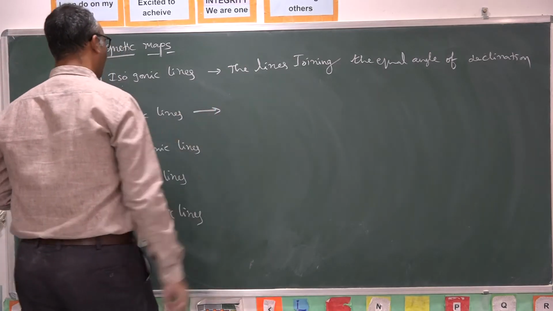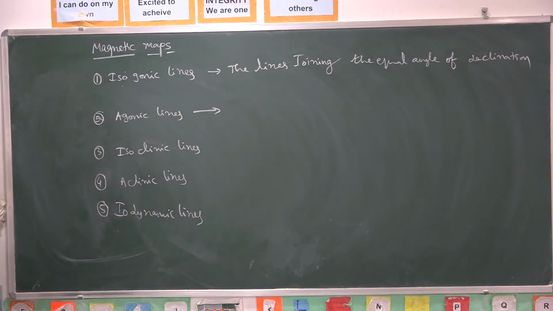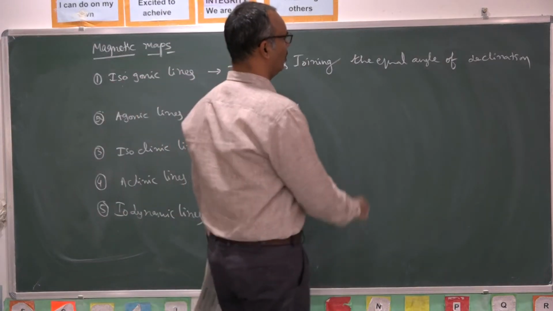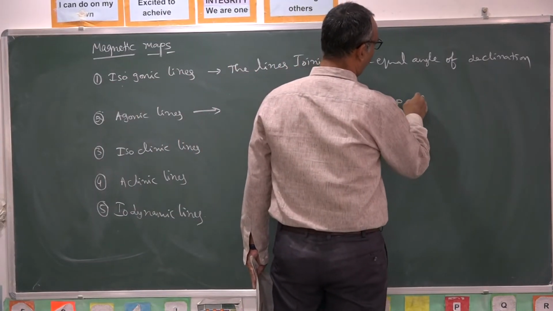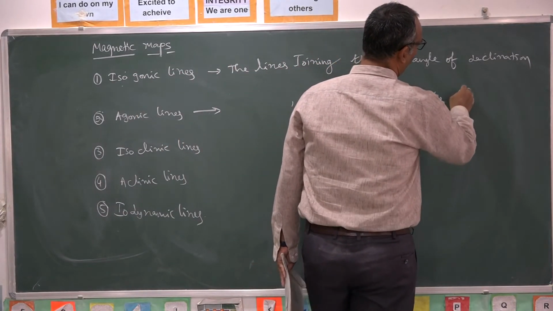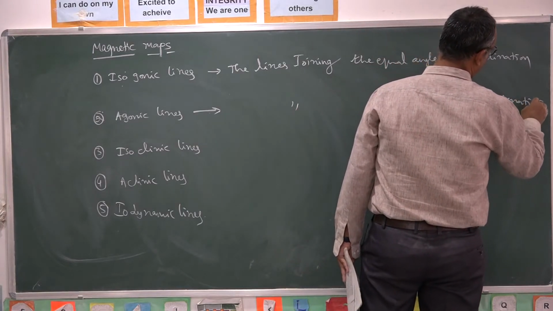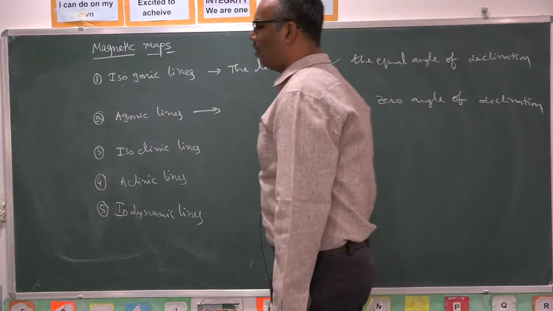Similarly, agonic lines are the lines joining zero angle of declination.